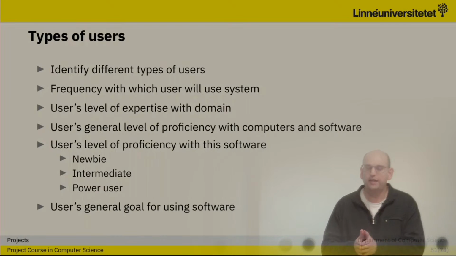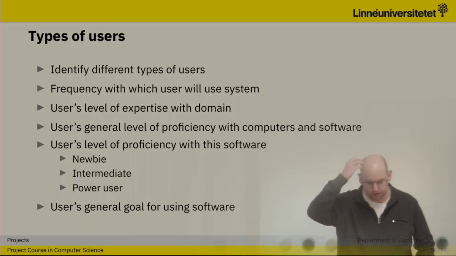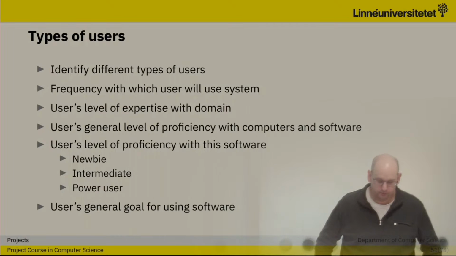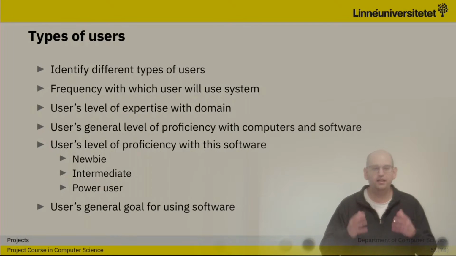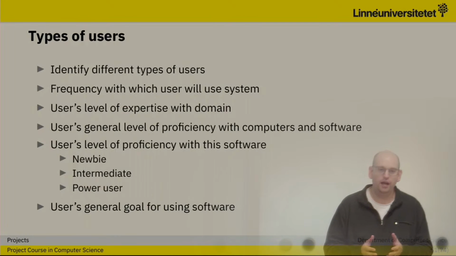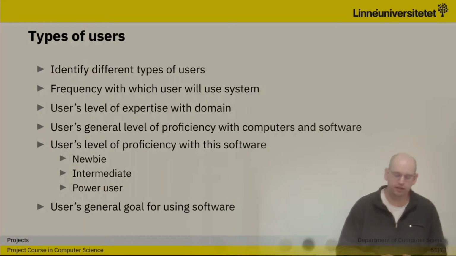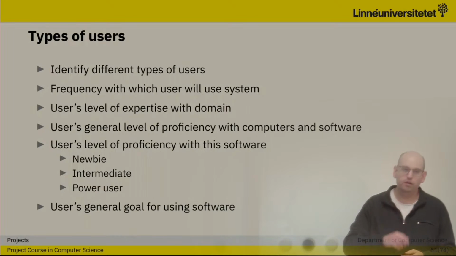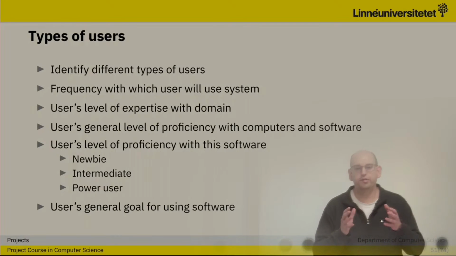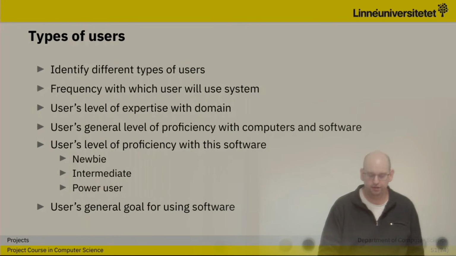You also need to look at the frequency of their using the system, how often they use it, the level of expertise, and so on. All of this boils down to understanding the user and to whom we are actually developing this system. That's important for you as well when you are going to create this system for selling local produce.